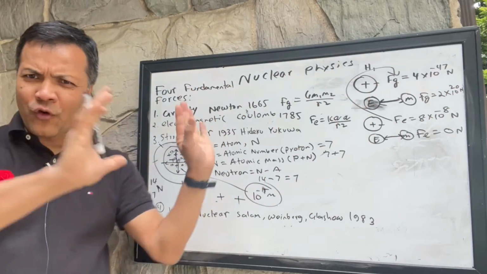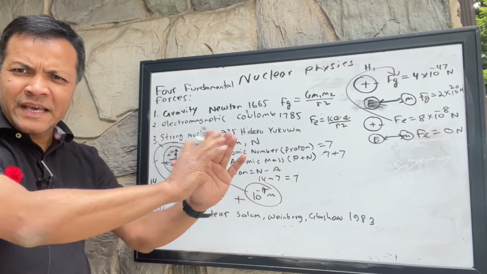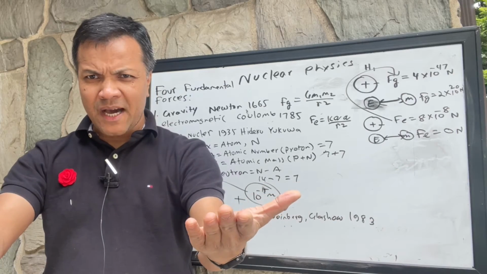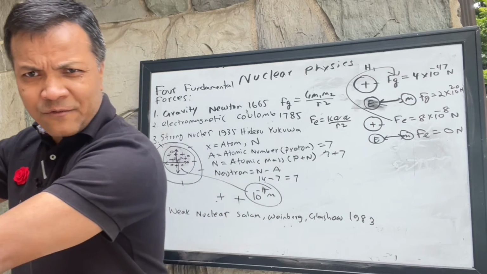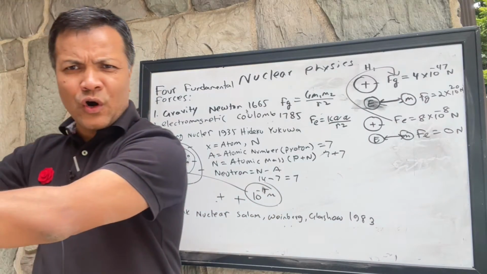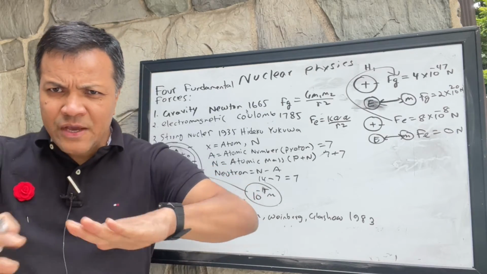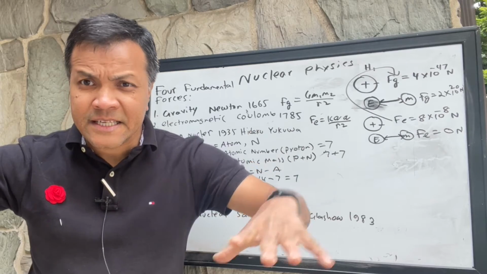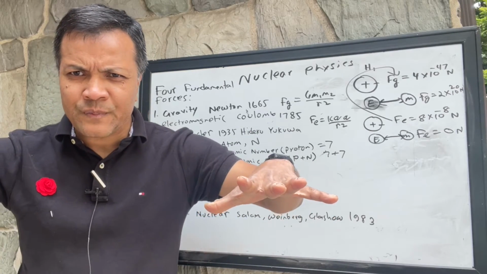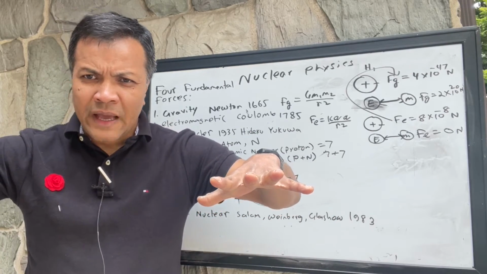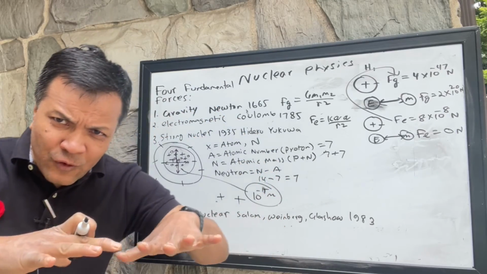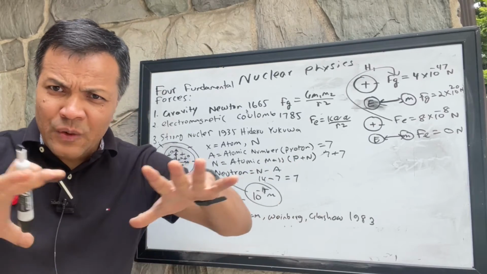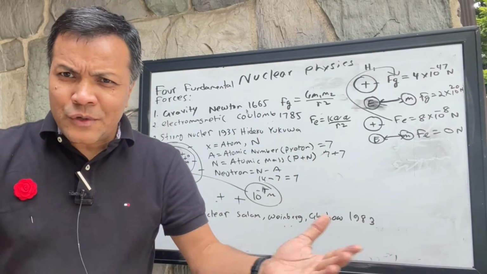Same thing for an atom. If the atom's nucleus becomes too big, like bismuth or polonium for that matter, or californium or einsteinium and so on, then its nucleus is just too big. It cannot be stable. So the weak nuclear force allows this nucleus to become stable.